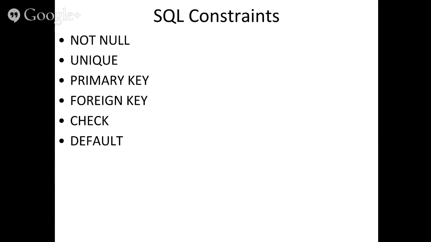Constraints. So we already looked at some constraints. We looked at primary and foreign key, to create the relationship between the two. Remember, the reason why we even use primary key and foreign key is that we're asking the database for its help to ensure referential integrity.